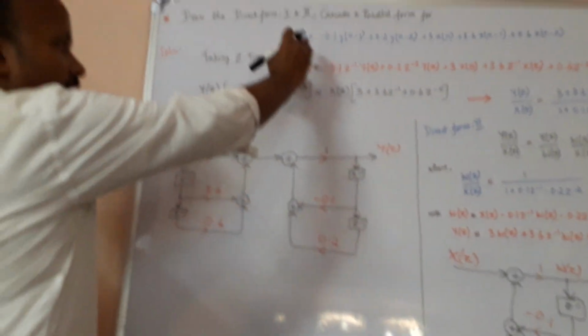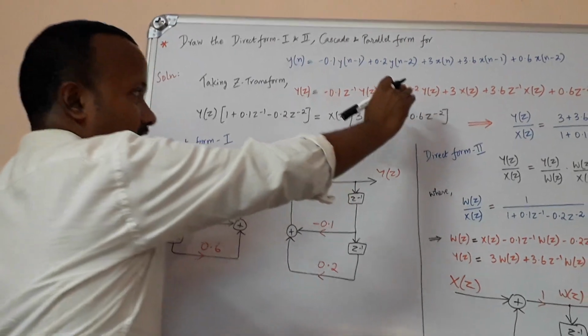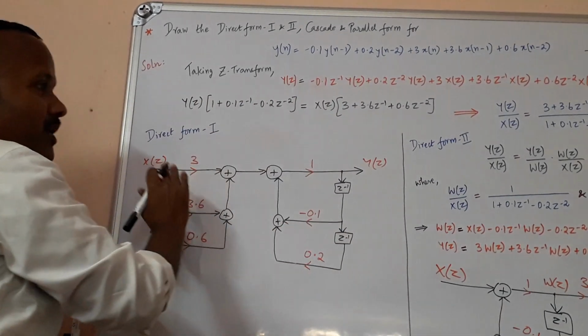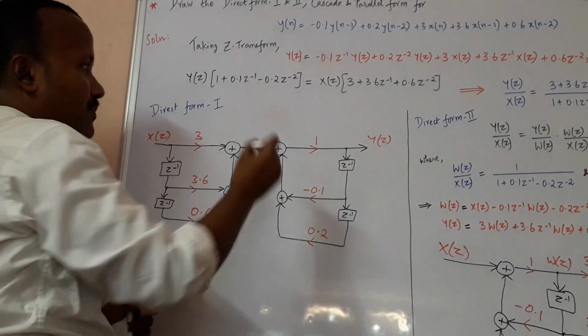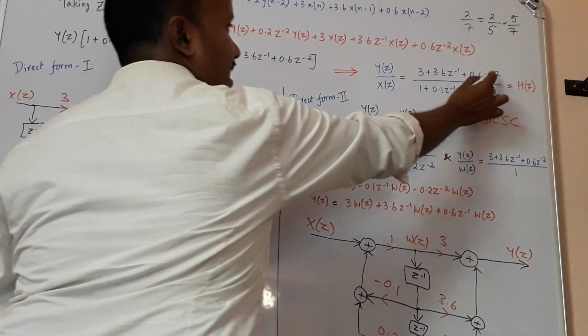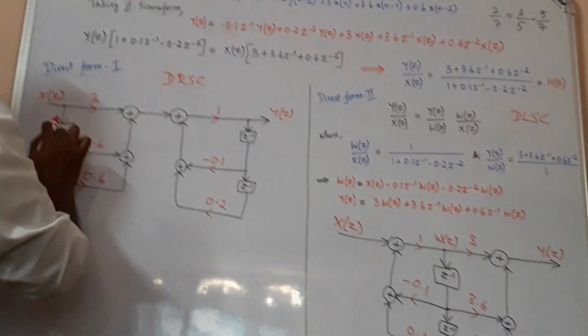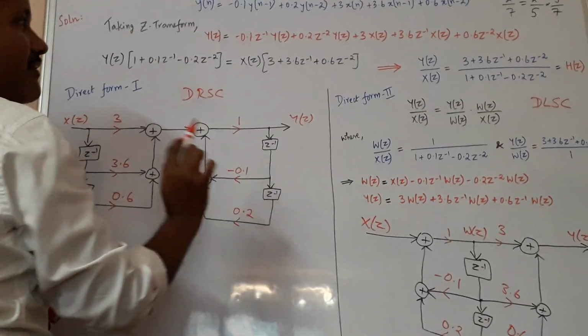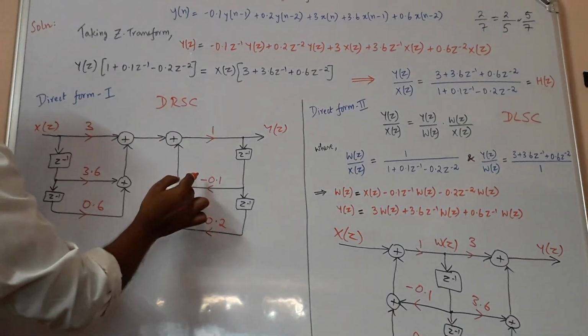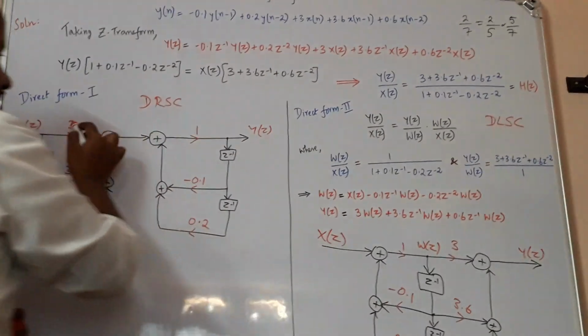Clear? Given problem, find z transform, take the z transform, find y of z by x of z. Direct form 1, DRSC, denominator, right side sign change. The given problem, delays are equal, so z or minus on both sides you will have like this. Denominator means plus minus will become right side, minus plus, numerator will come in the left side.